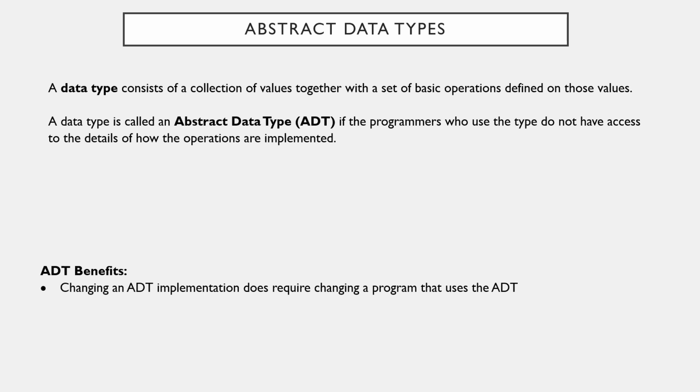And if changes were needed to be made to this, those changes could be made, but we would still be just accessing it the same way that we were before. And that's the whole idea of an abstract data type, is it doesn't require changing any program that uses the abstract data type.